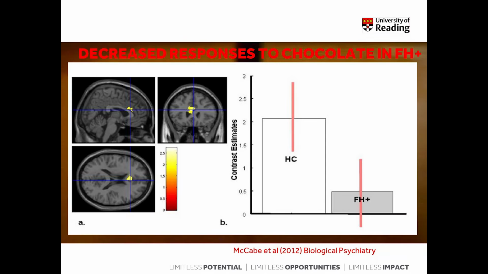And what did we find? Indeed, there was. So, again, these are healthy controls on the left, and these are people who have got a parent with depression. You put them in the scanner and you give them chocolate. Again, outside the scanner, they say, I love chocolate, everything's great. They have no symptoms of depression. They don't score any differently in any questionnaire, so nothing behavioural.